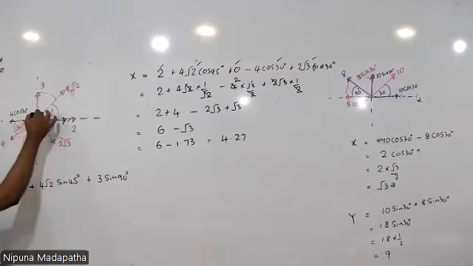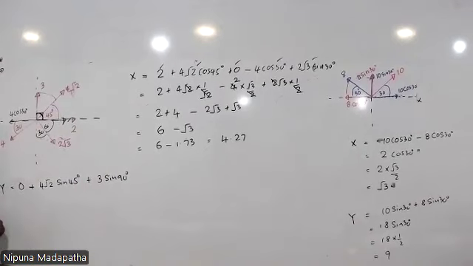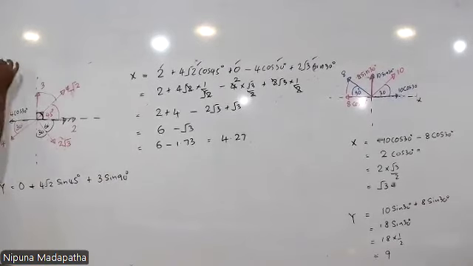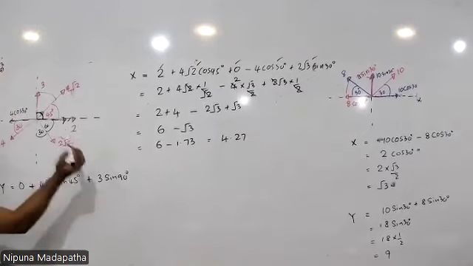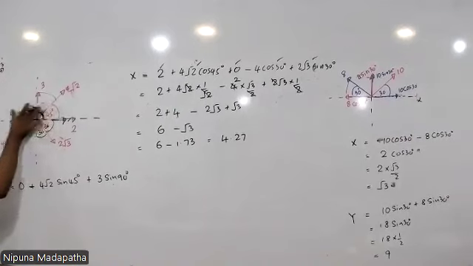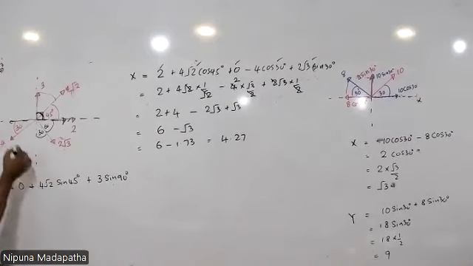How does it become 90? Because the angle is theta and the value is 3, the y component is given by 3 sine theta. So what if theta goes to 90? This becomes sine 90.